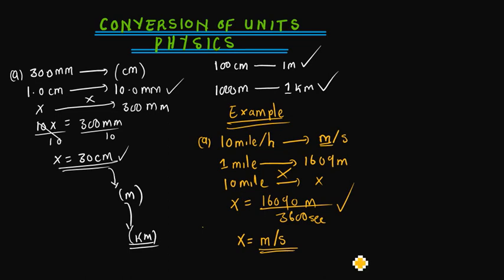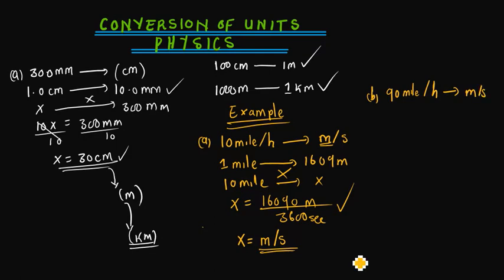The same concept applies. Let's say you have been given, let's say convert 90 miles per hour. You want to take it into the standard units, which is meters per second.